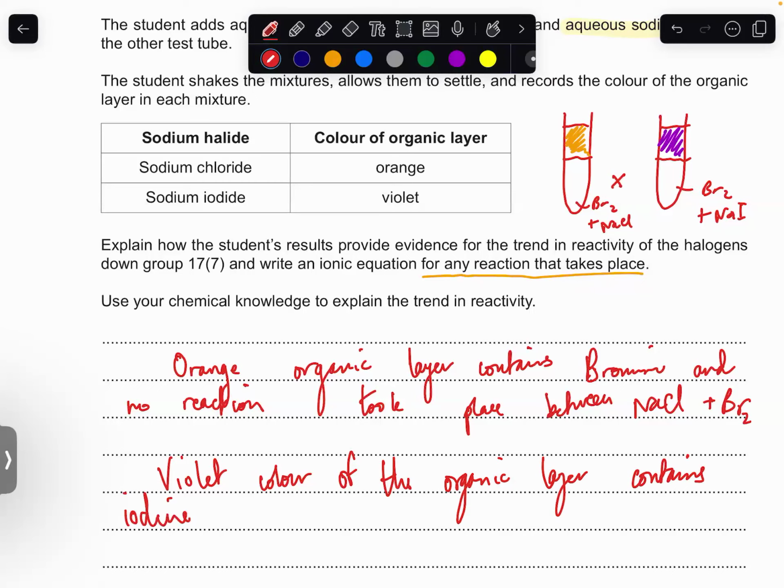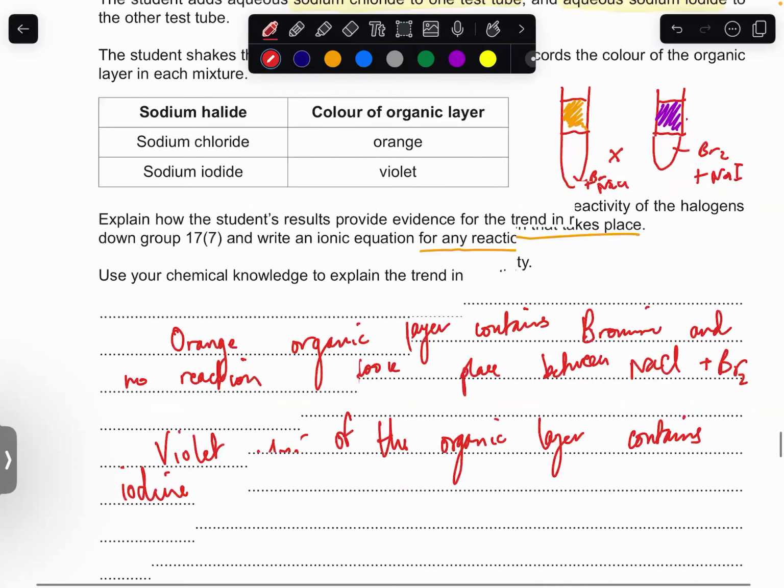You see, the halogens, their colors show up very well in organic layers because they themselves are non-polar, and something like cyclohexane is also a non-polar solvent, so they dissolve better and show their colors better. So the violet color contains iodine.